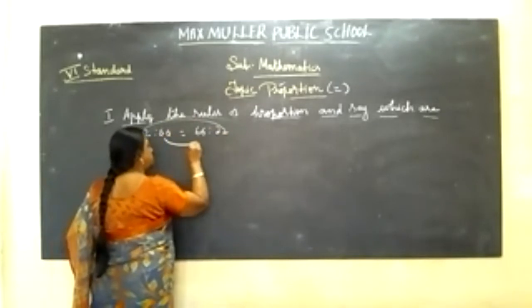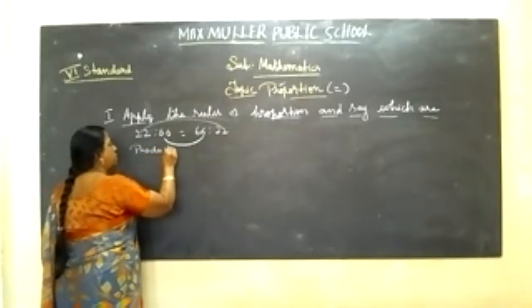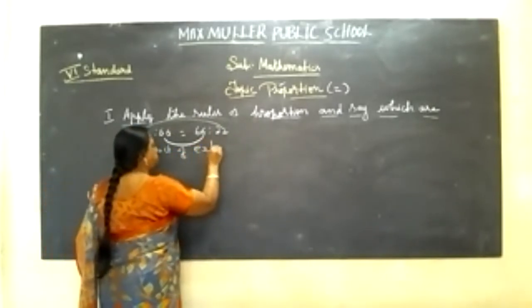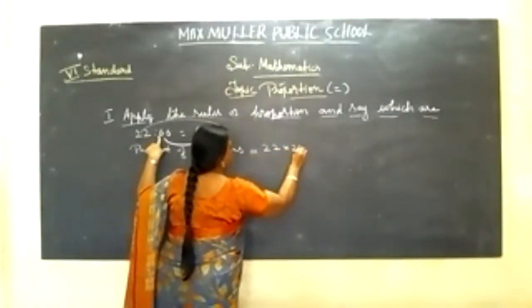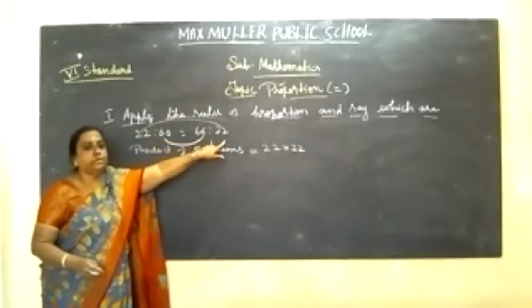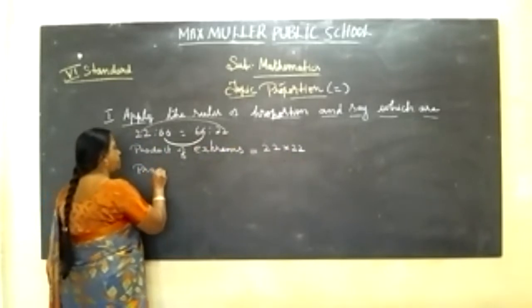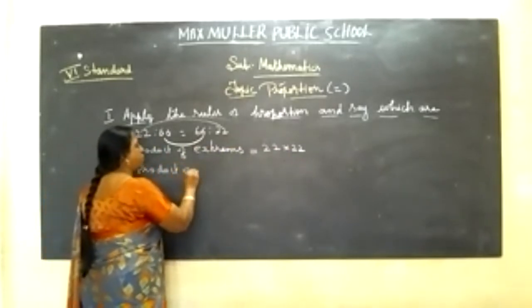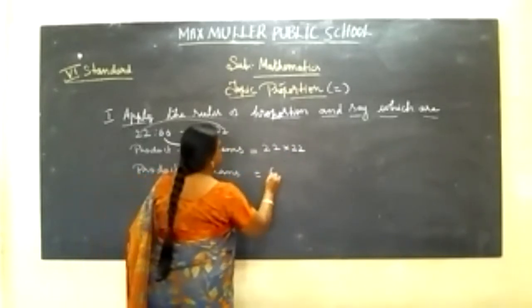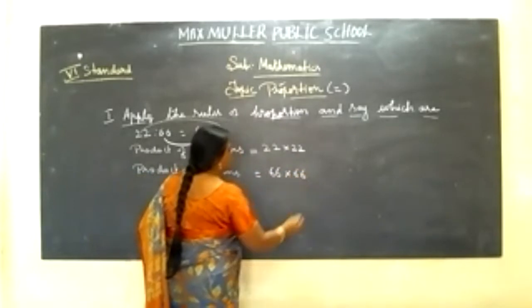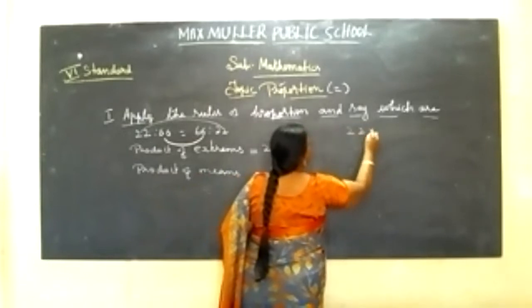Product of extremes equals 22 into 22, as the first and last terms are both 22. Product of means equals 66 into 66.